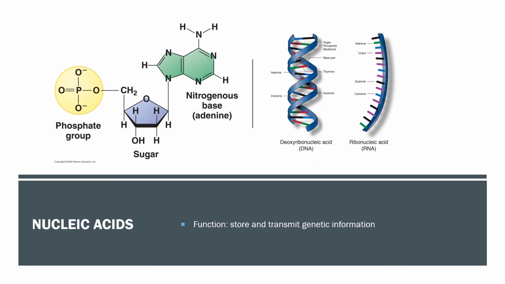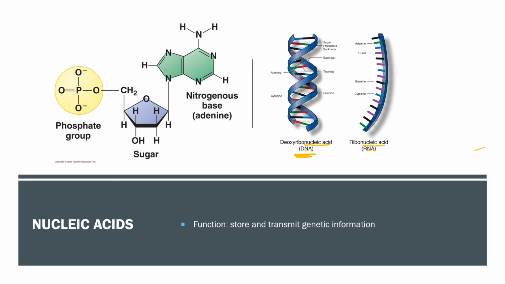All right, nucleic acids. A nucleic acid's function is to store and transmit genetic information. So a nucleic acid is found in all living things because it is DNA, okay? It's DNA and RNA. And a way you can tell is because they both end in NA. Okay, deoxyribonucleic acid or ribonucleic acid.